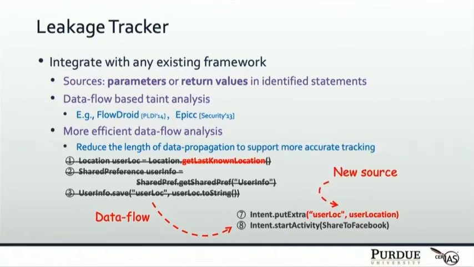However, with ClueFinder, we can directly confirm in line 7 and label it as location data because there are semantics in line 7. With this, it helps us reduce the data propagation paths, reduce the length of this path. This will ensure a more efficient and more accurate data flow tracking.